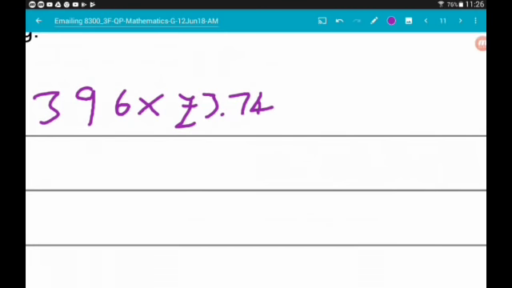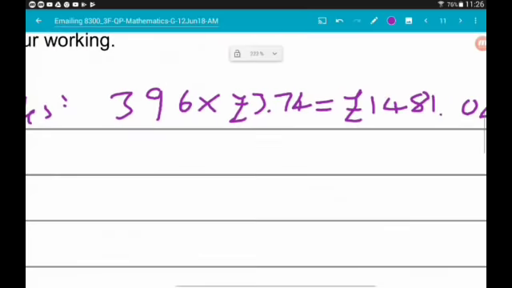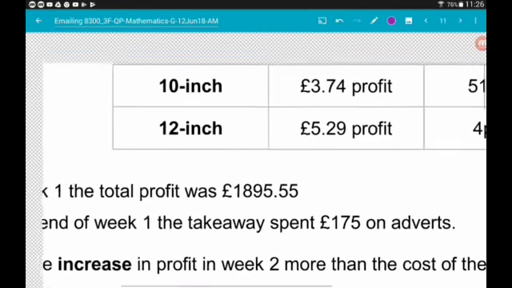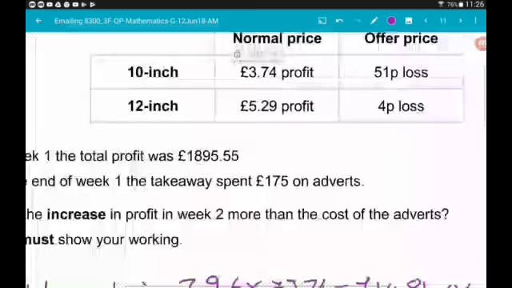And that is going to give us £1,481.04. Then we're going to do the same for the 12-inch pizzas. So every one of those that they sold, they made a profit of £5.29.